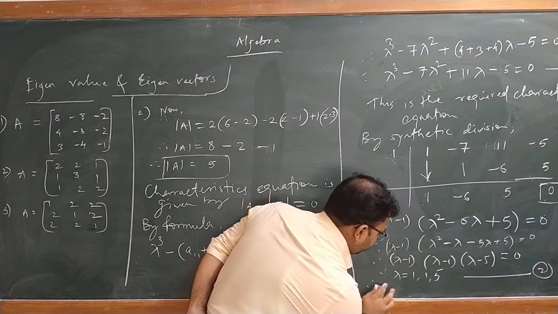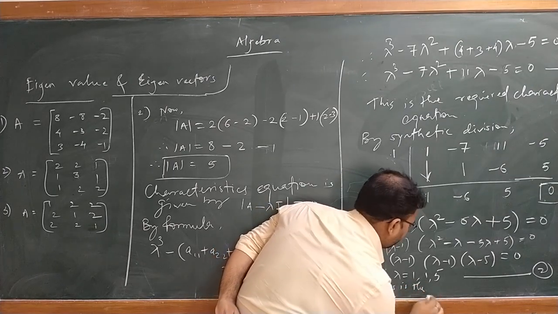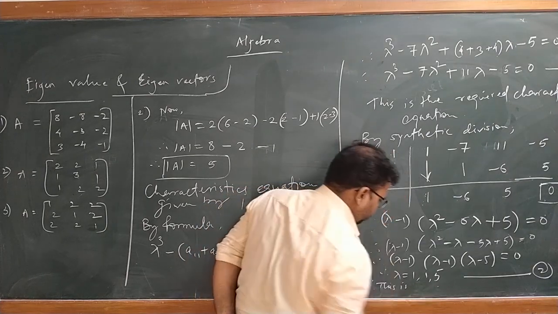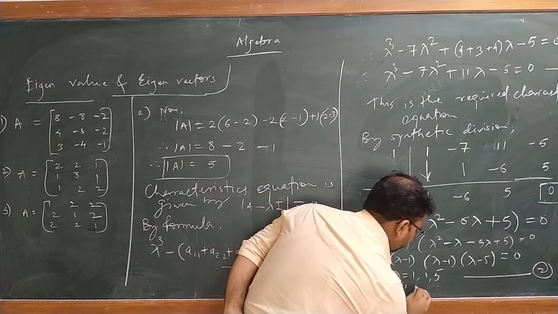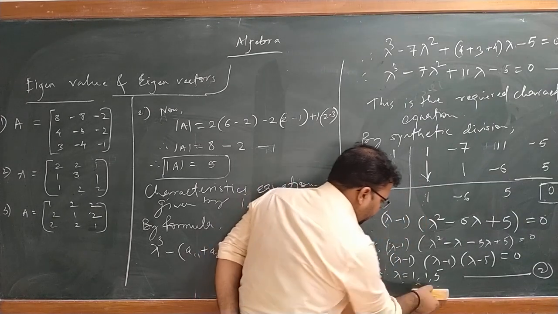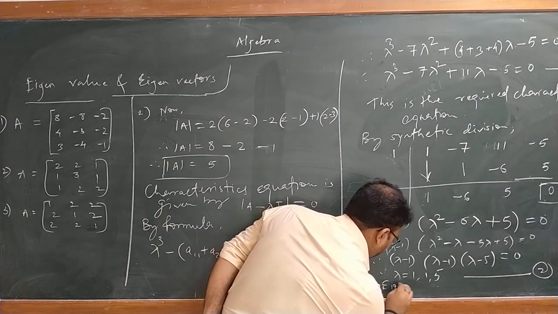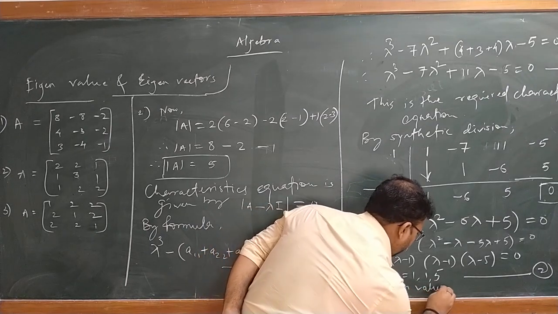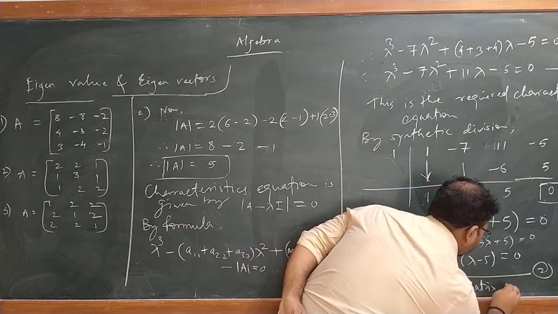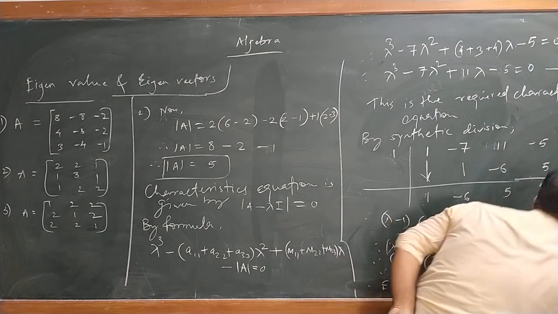Therefore the eigenvalues of the matrix are lambda equal to 1, 1, 5.